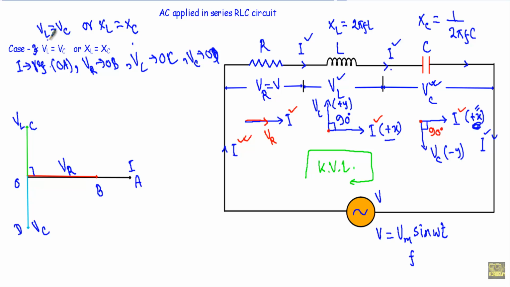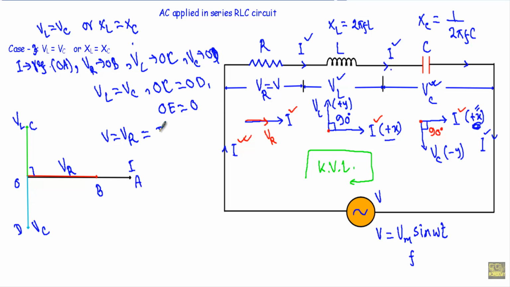Now see, in this case VL equal to VC. That means this OC will be equal to OD. Therefore, the resultant phasor OE will be equal to 0, because OC minus OD will be zero. Therefore, you will see the applied voltage V will be equal to the voltage drop across the resistor VR.